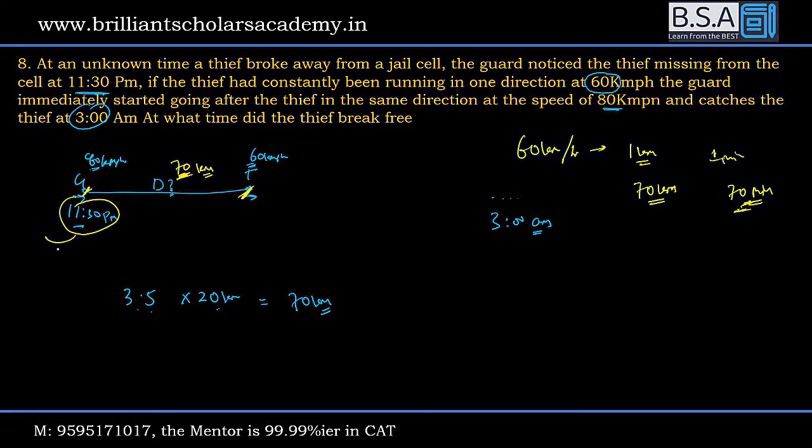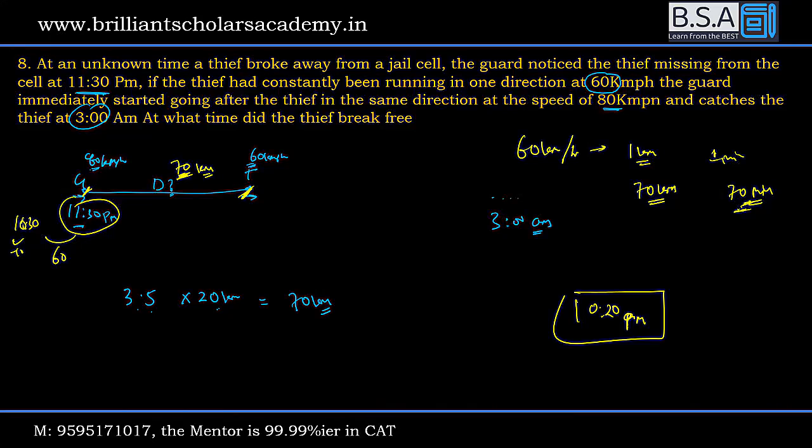Can I say 60 minutes would mean 10:30, and 10 minutes further would mean 10:20. At 10:20 p.m., the thief broke out. Please observe, it is such a simple and straightforward approach.